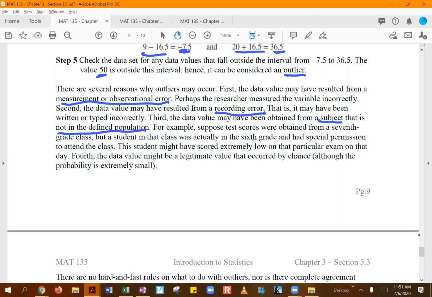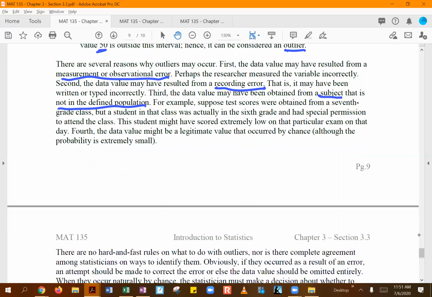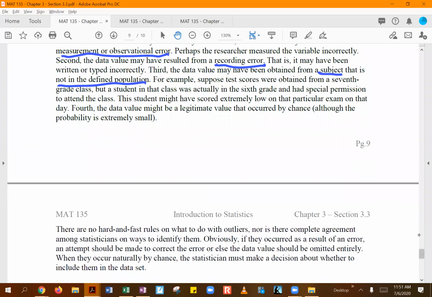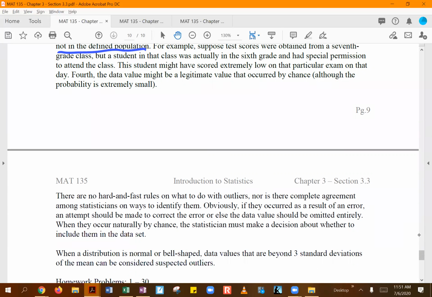Test scores for a 7th grade class were taken, but the student was in 6th grade and had special permission. So technically this student's grade should not be included in our study. But if you included it and maybe they scored lower than the rest of their classmates, that could become an outlier. They're saying the fourth reason could be the data value may be a legitimate value that occurred by chance.